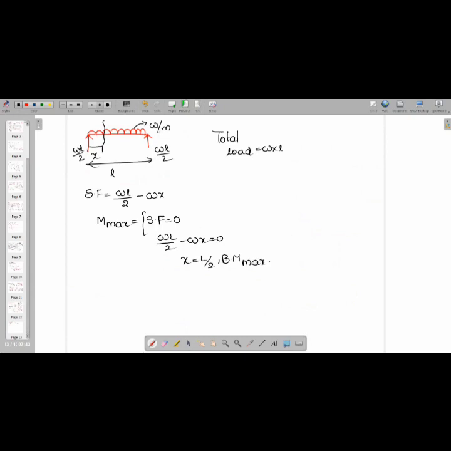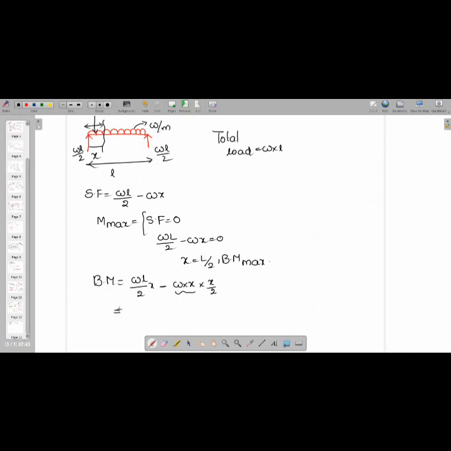Now how do you write the bending moment equation? You can write WL by 2 into X minus, the total load is W into X, acting at the center, so the moment arm is X by 2.